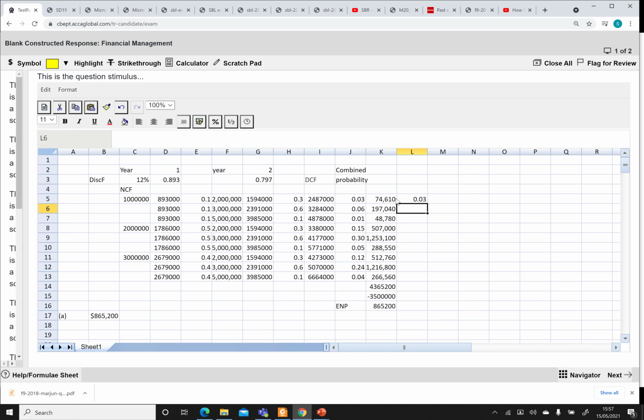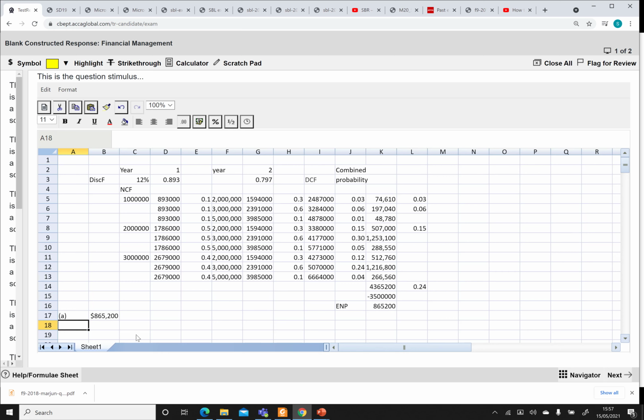cell. So in this particular case, 2,487,000 is lower, and so is 3,284,000 and 3,380,000. So those are the three figures which are the ones that are all giving us negative values.